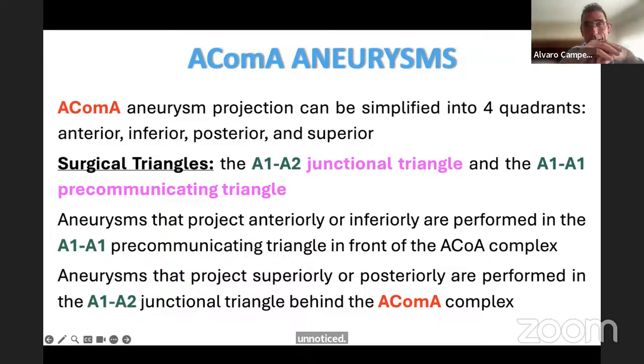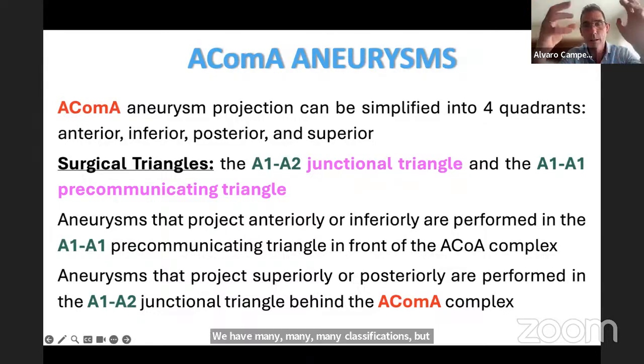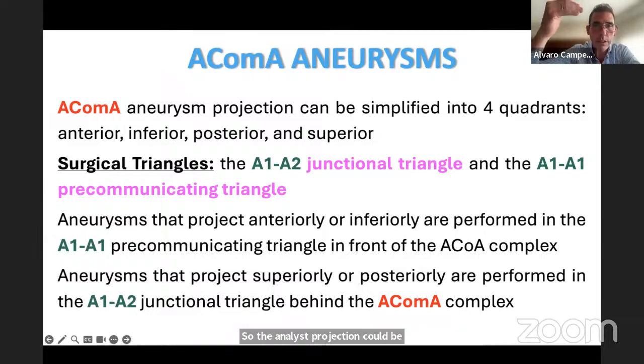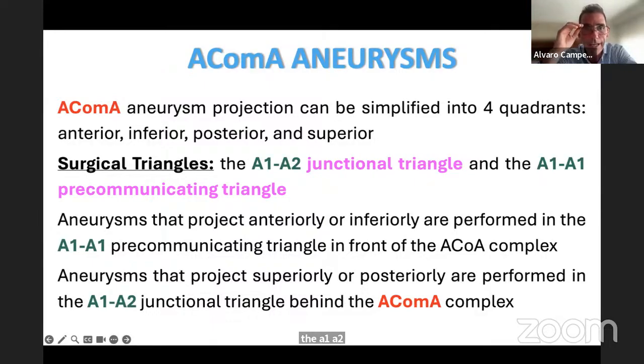We have many classifications, but we can simplify the projection of the ACom artery aneurysm into 4 quadrants: anterior, superior, inferior, and posterior. And this paper talks about 2 surgical, anatomical triangles: the A1, A2 junctional triangle and the A1, A2 precommunicating triangle.